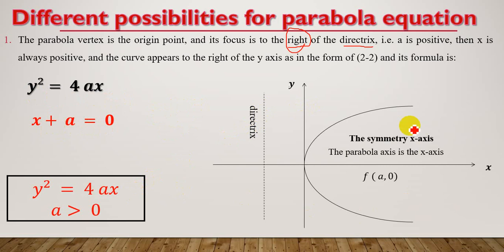So here the symmetric axis is x, or the parabola axis is x, and our focus is there, and our vertex is the original point, and the directrix is on the negative side but x is on the positive side. So our equation will be like that. So a is greater than 0.